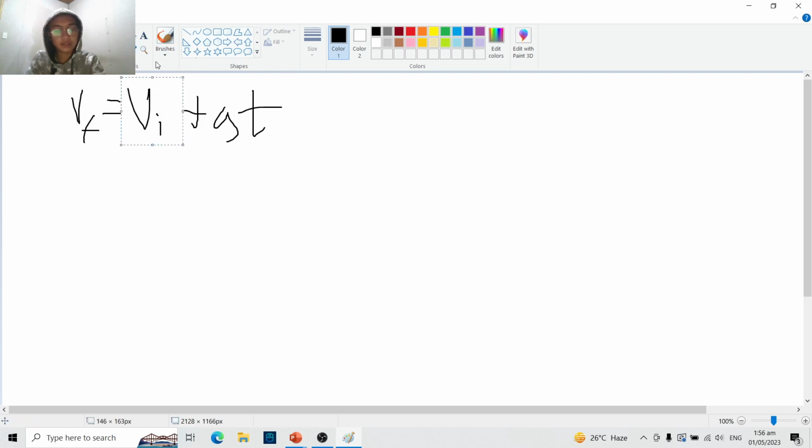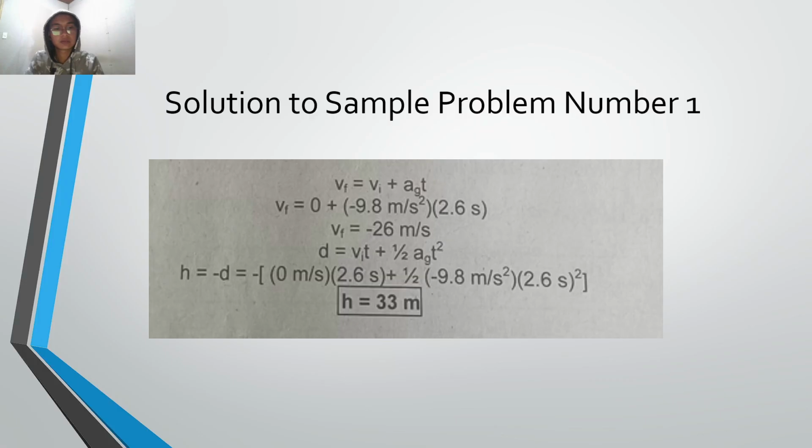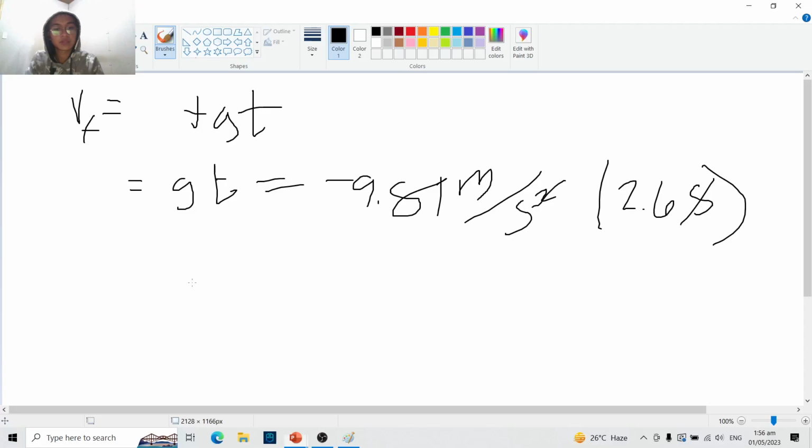Acceleration due to gravity times initial velocity becomes just GT. Since your G is negative 9.81 times time 2.6, the final velocity is negative 26 meter per second. Calculate 9.81 times 2.6 and see if you get the same answer.